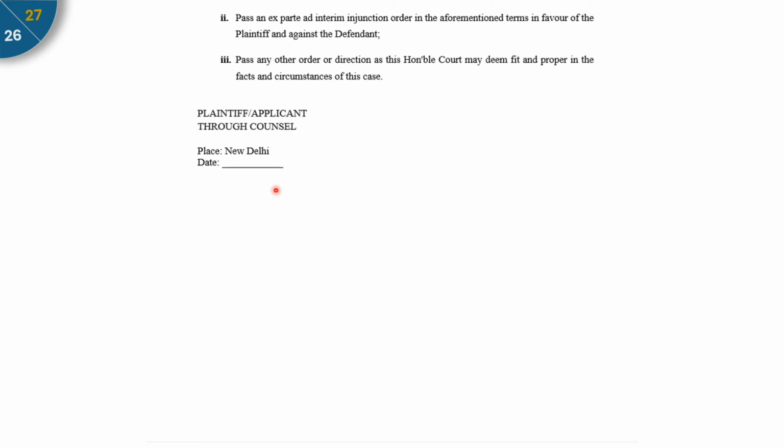Some practitioners include a verification paragraph directly in the IA itself, and others in this drafting style keep it in a separate affidavit. Either is acceptable, but one of the two must exist, because an unverified application carries no evidentiary weight.